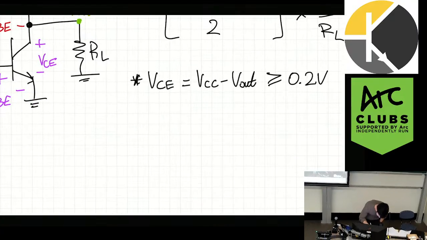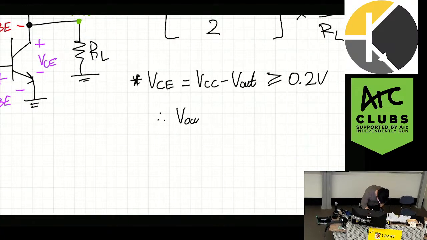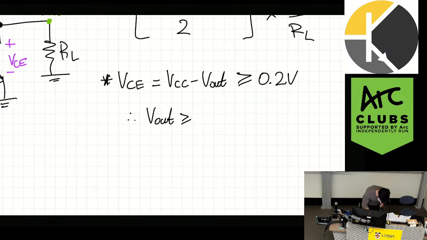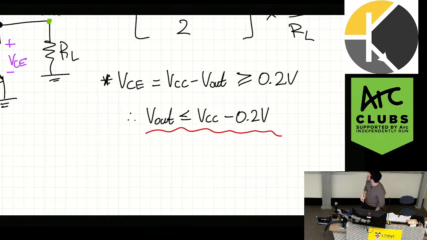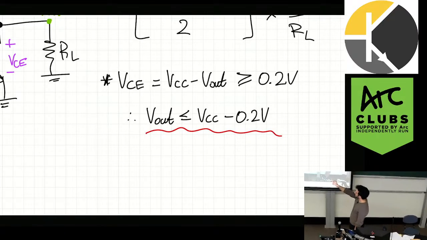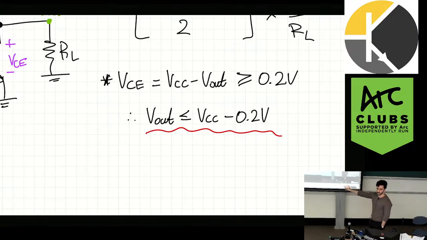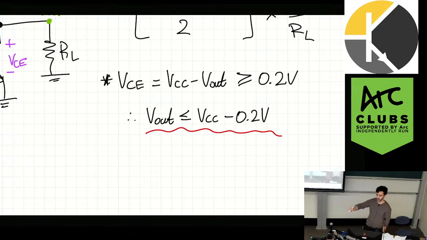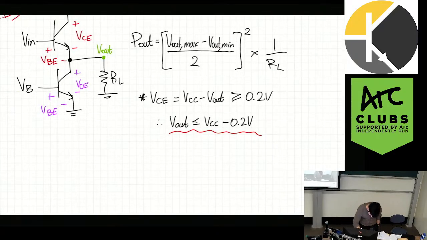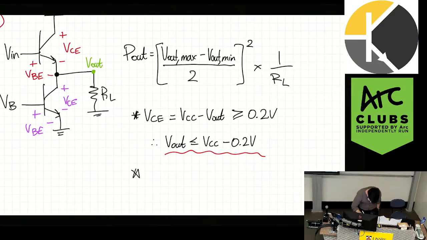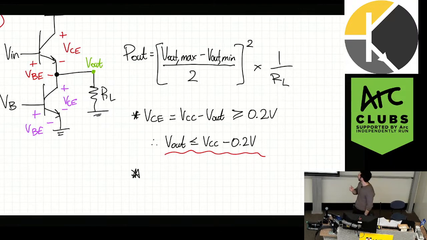So then, therefore, I can just rearrange this and I can say, therefore, V out is less than or equal to VCC minus 0.2 volts. That's one condition. Okay. So if the voltage swings above this, the transistors will turn off and it won't act like a power amplifier anymore. The next condition is VBE. So VBE, how would I do VBE?